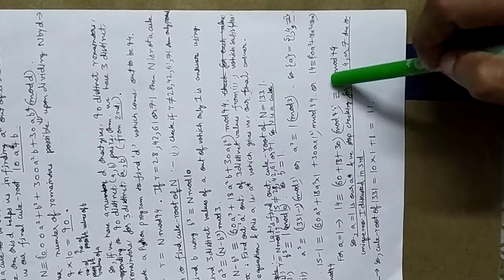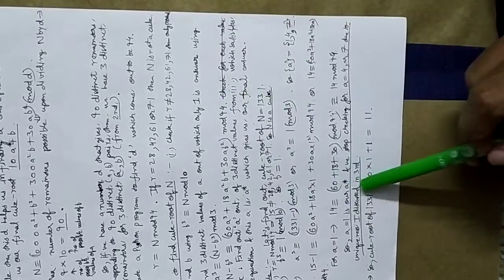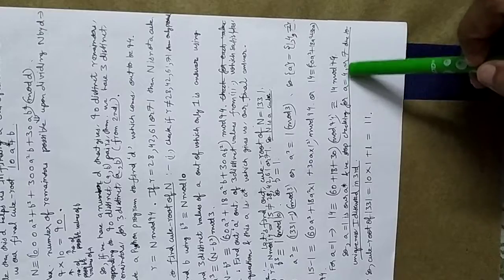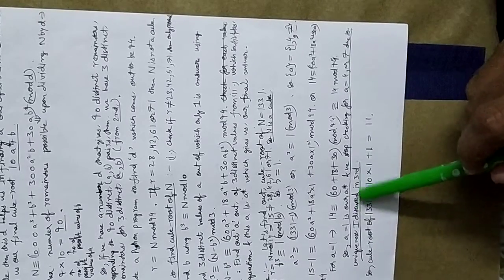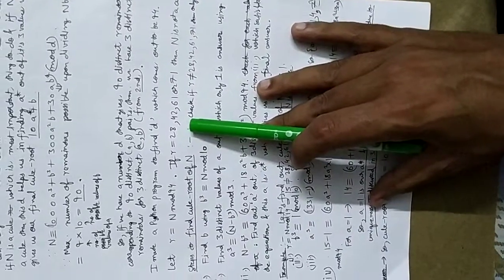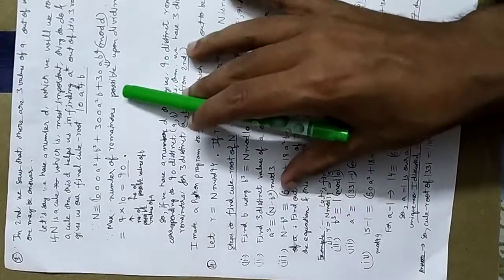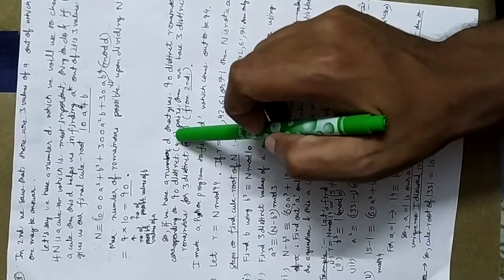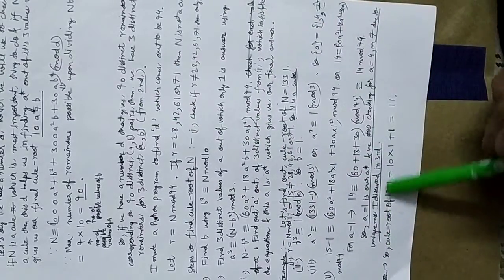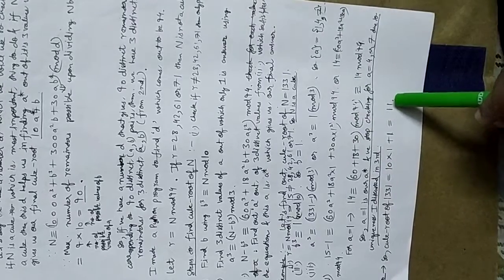So 14 is equal to 14, so a equal to 1 is our answer, and we stop checking for a equal to 4 or 7 due to the uniqueness discussed in the third step. So the cube root of 1331 is equal to 10 times 1 plus 1, which is 11.